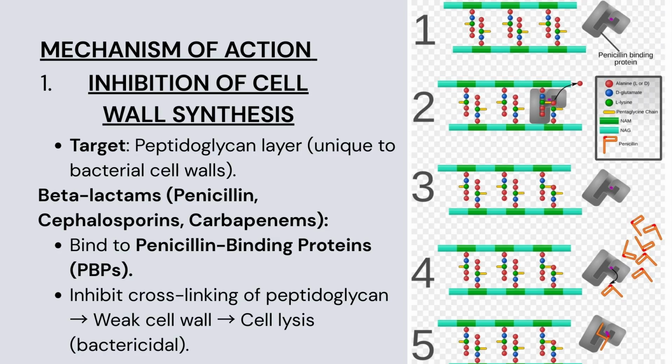Inhibition of cell wall synthesis. One of the most important targets of antibiotics is the bacterial cell wall, which is made of a unique molecule called peptidoglycan. Now, human cells do not have a cell wall, so this makes it an excellent target for selective toxicity.